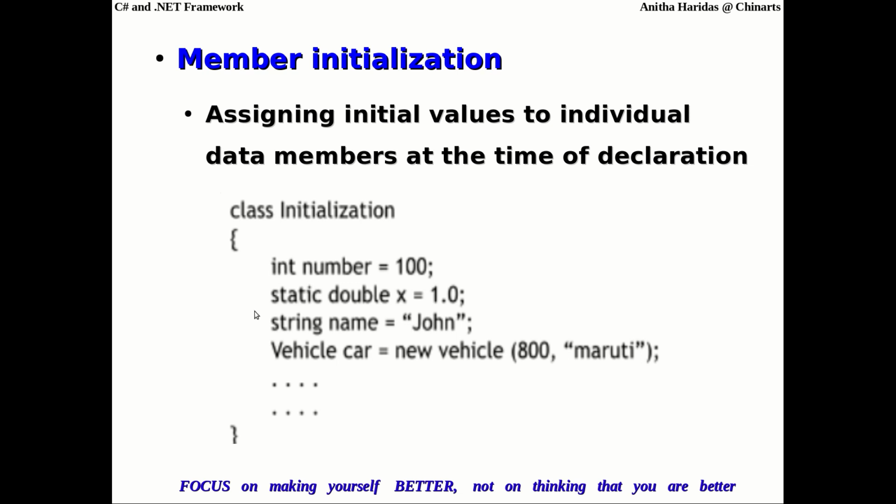These are integer and double, the value data types, whereas string and char are the reference data types. And all these values are being initialized in the class definition itself. So in the class definition itself, if you assign a value to a variable, you call it member initialization in the class definition.